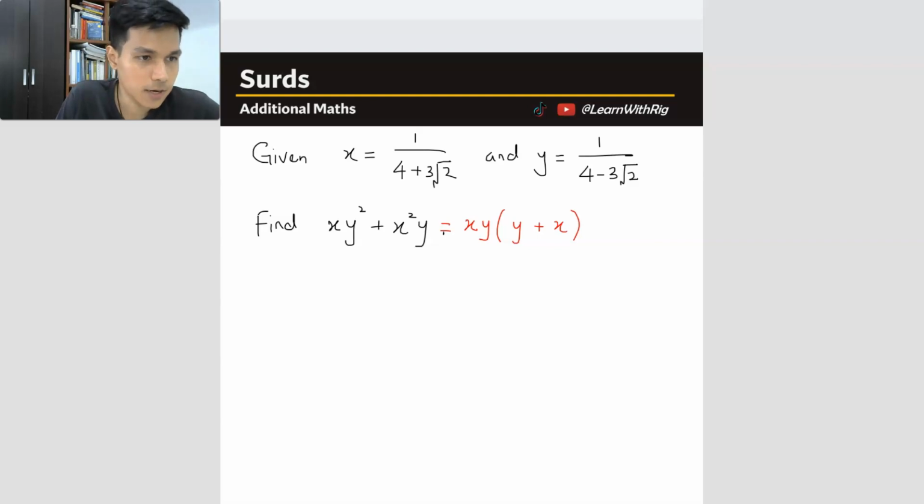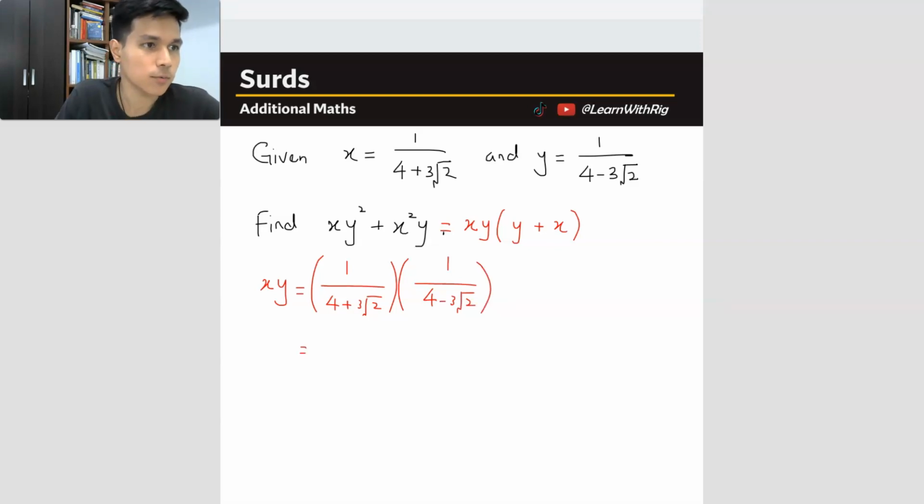So let's do the xy first. x is 1 over 4 plus 3 surd 2, and then you have to times 1 over 4 minus 3 surd 2. We can just multiply straight away. Here you see they are already a conjugate, so you just have to square each of them.